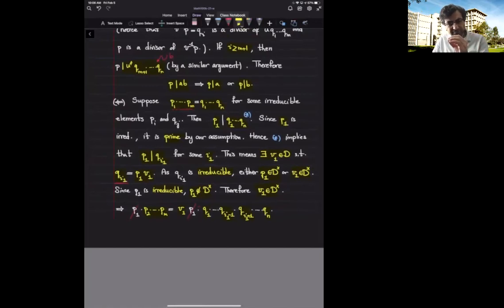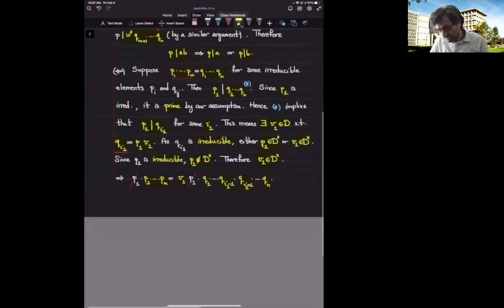For each one of those, I will end up finding an irreducible factor on the other side. Let me emphasize one thing: when I want to repeat this process for P sub 2, I have a possible unit factor on the other side. So when I want to use the primeness of P sub 2, I have to say that P sub 2 divides this unit, but that's not possible.